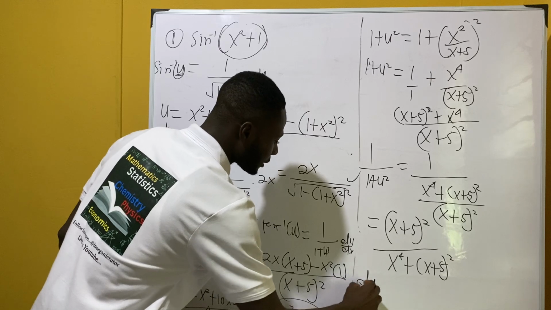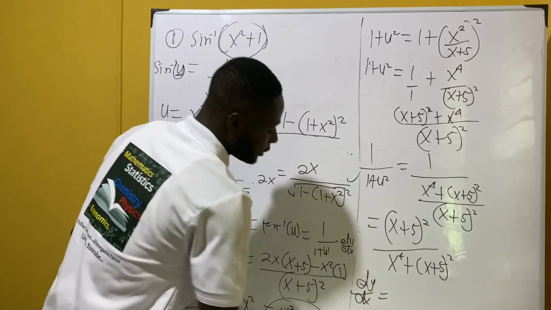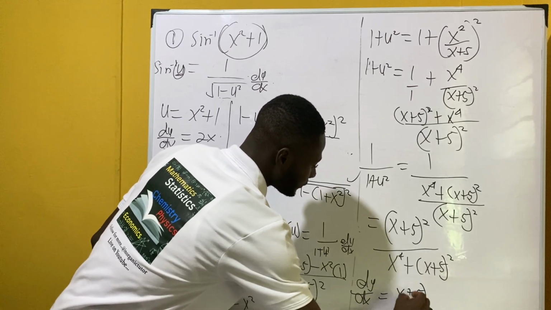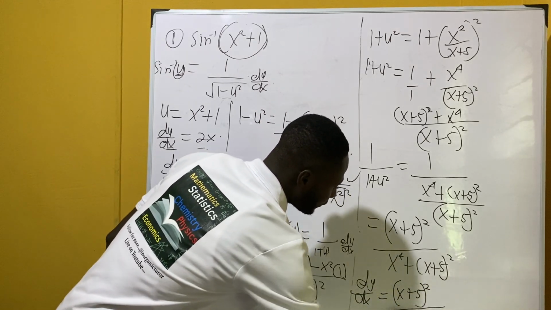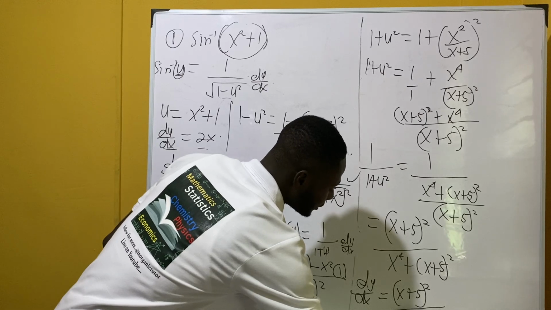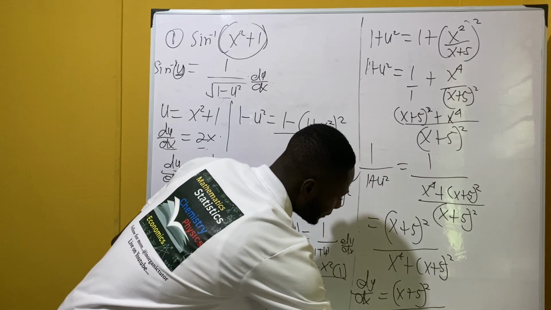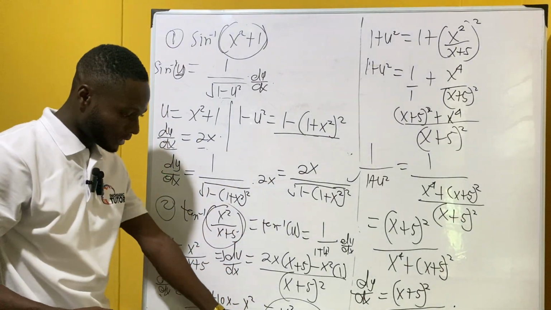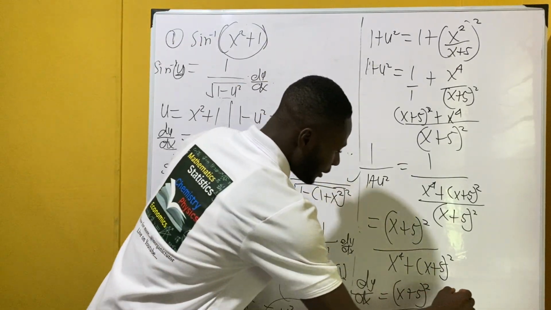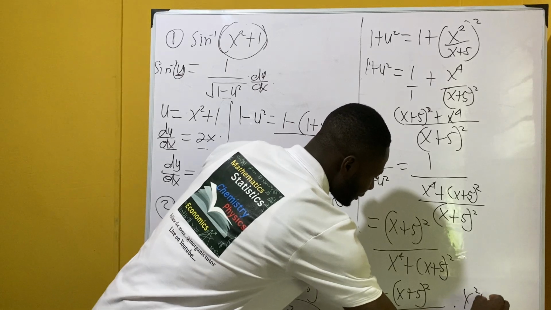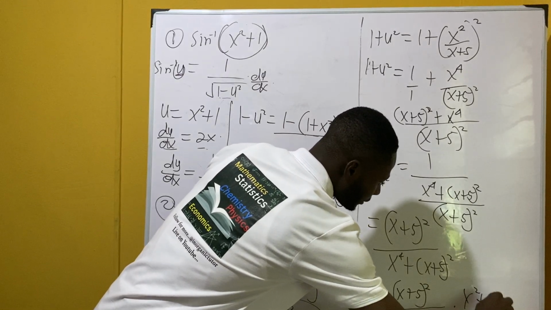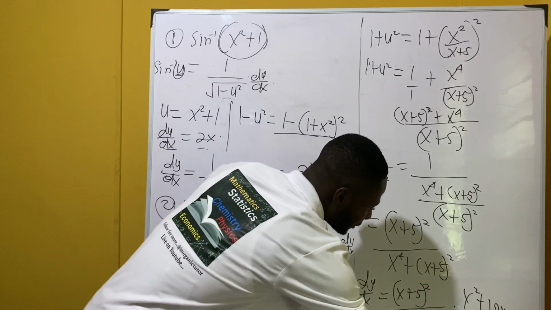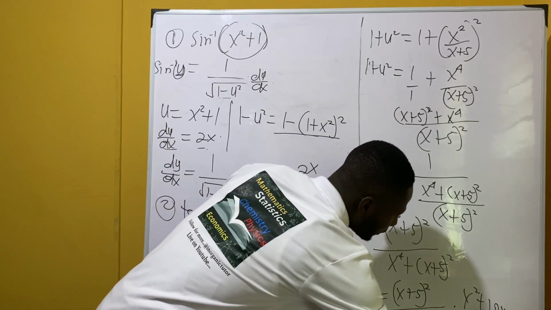So dy dx is x plus 5 all squared over x power 4 plus x plus 5 all squared, times the du dx, which is right here, x squared plus 10x all over x plus 5 all squared.